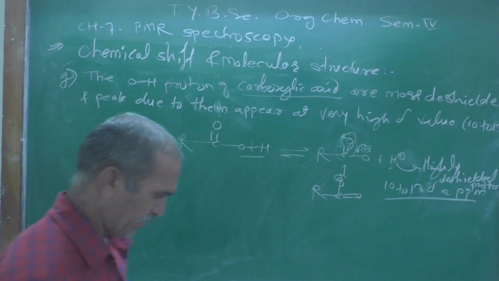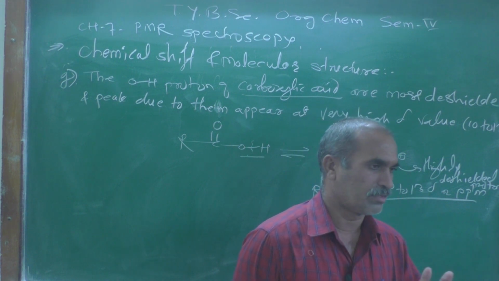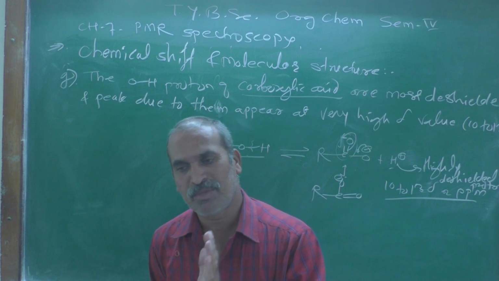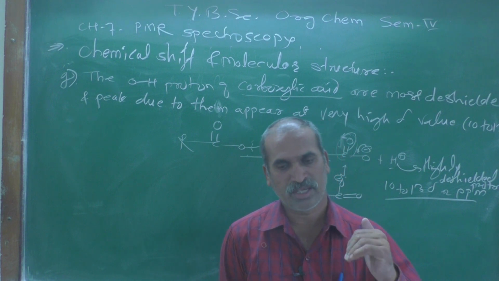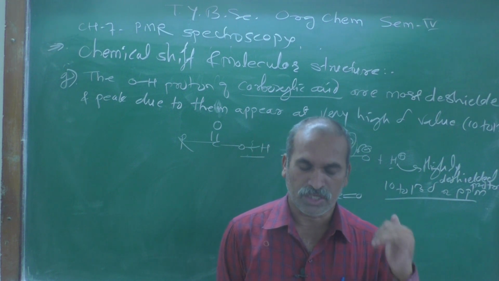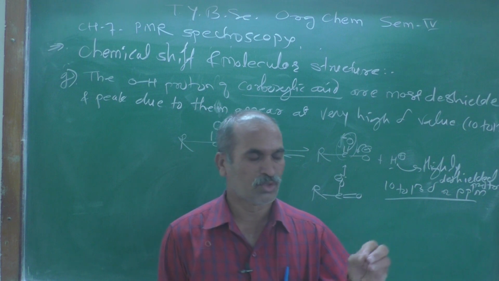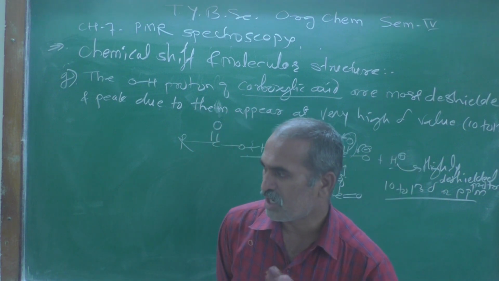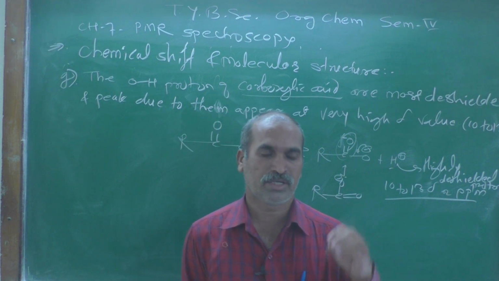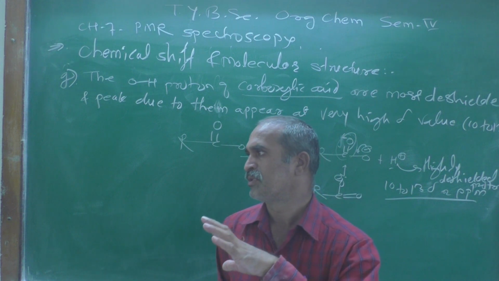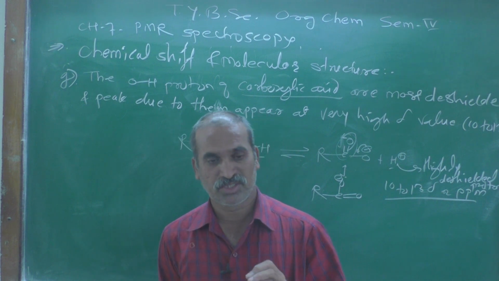So now you might be familiar with the approximate chemical shift values, and you should be able to write the approximate chemical shift values of protons present in different chemical environments. Non-equivalent protons get coupled and equivalent protons do not couple. That we will see later on.